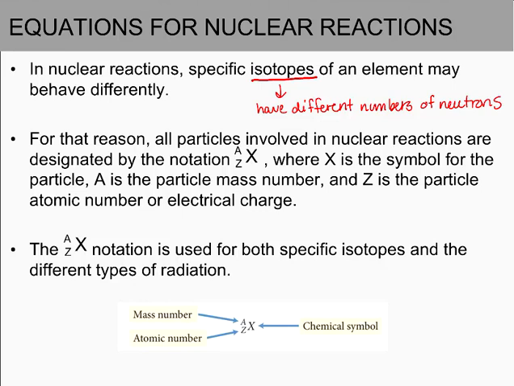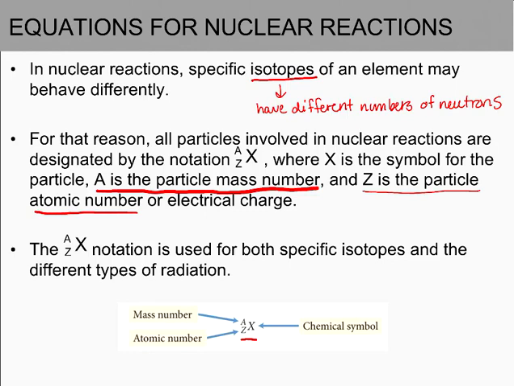Now also remember that we have an isotope notation shown down below. We use the symbol capital A for the mass number of that isotope, and then we use a capital Z for the atomic number of that isotope.